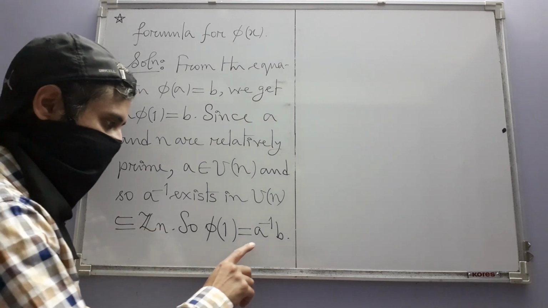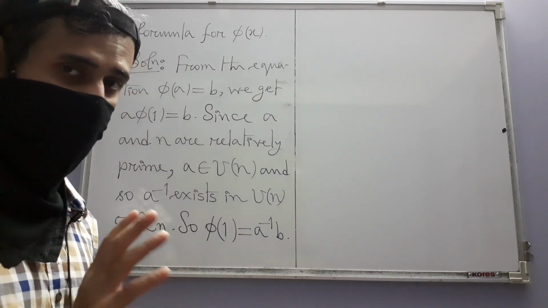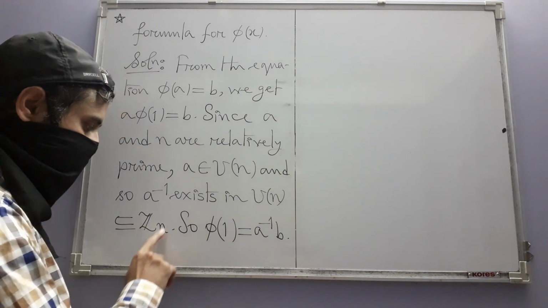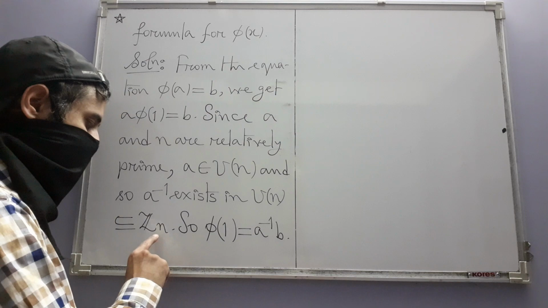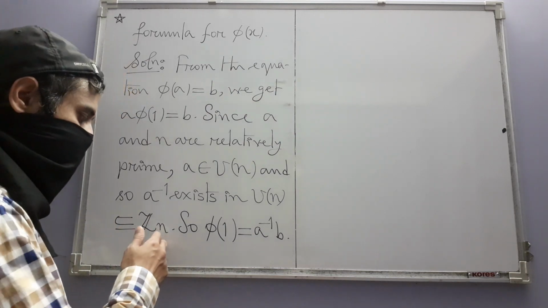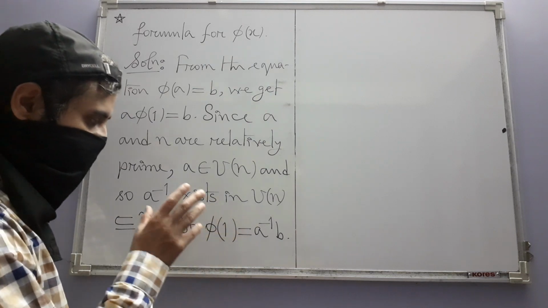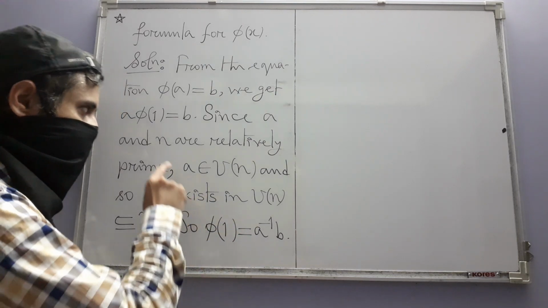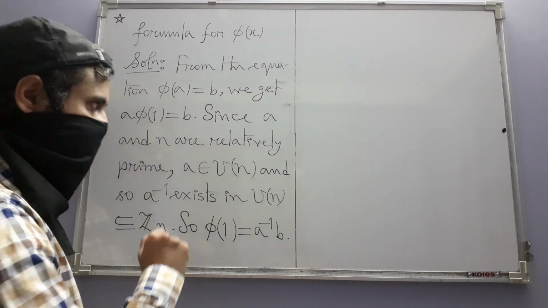Keep in mind, we are not using any field properties or anything, if you know what that means, because Zn is not a field unless n is a prime number, and we don't know if it is a prime number. It may not be a prime number, but still, in spite of that, just being a ring, from this equation you can have this.